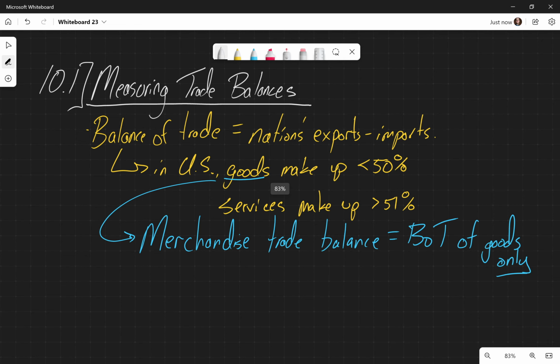You all may have heard talk in the news, or maybe other economic classes, or maybe poli-sci classes, about the current account. The current account. So what is this thing, the current account?